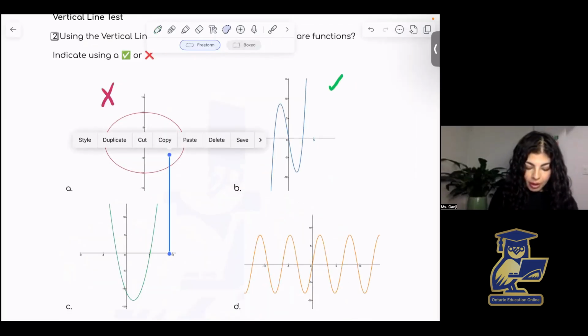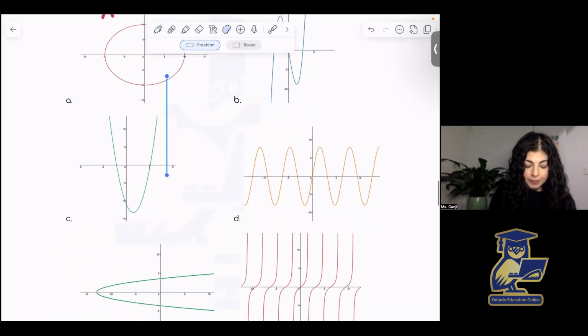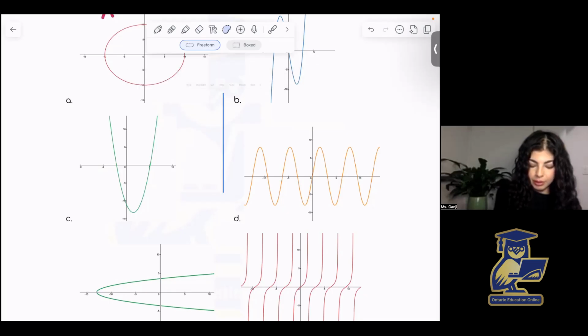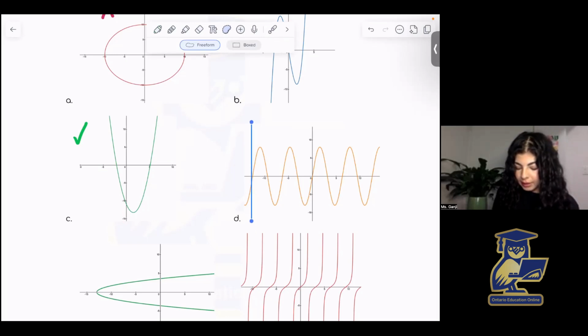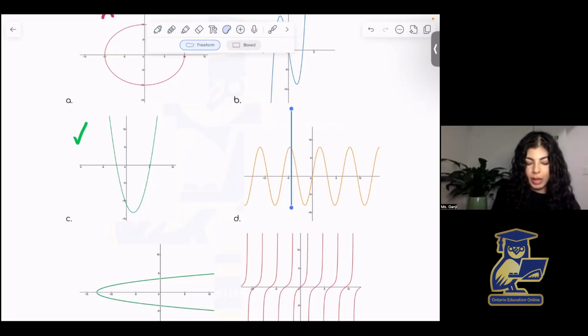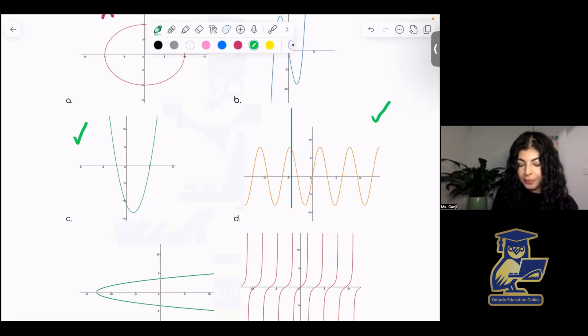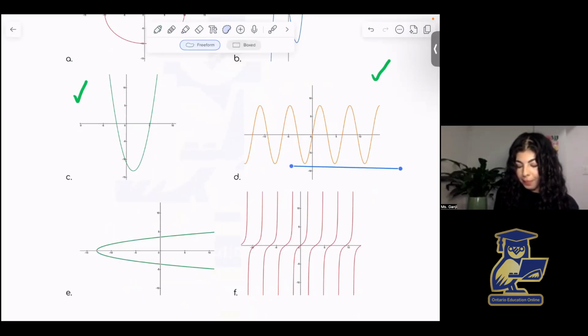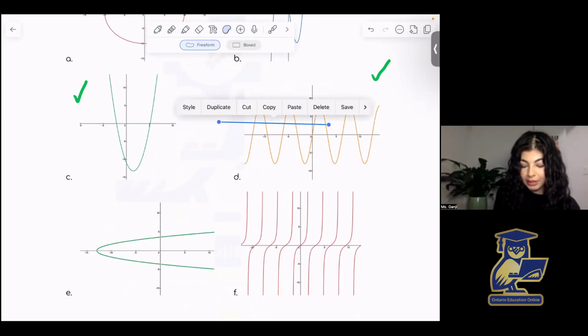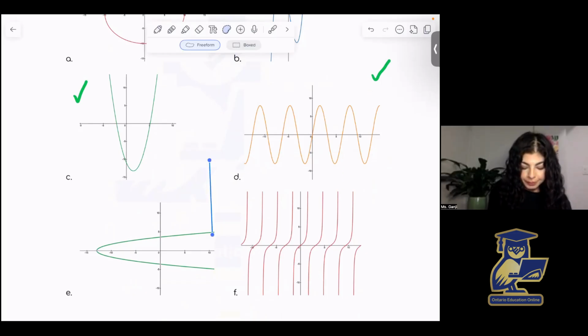So here we have our parent function, our quadratic function. This one surely passes the vertical line test, so yes. Here we are seeing another function that will pass the test as well. So this one is also a function. Keep in mind, we are not doing a horizontal line test, where we see here that many points are shared. It's a vertical line test. So vertically, all of these points pass.